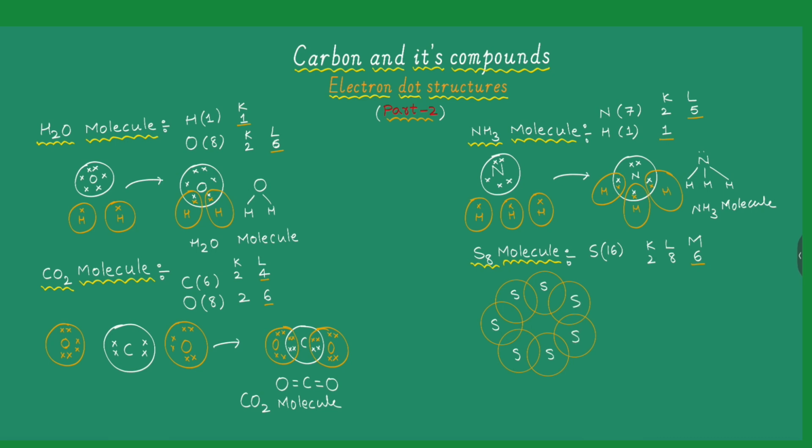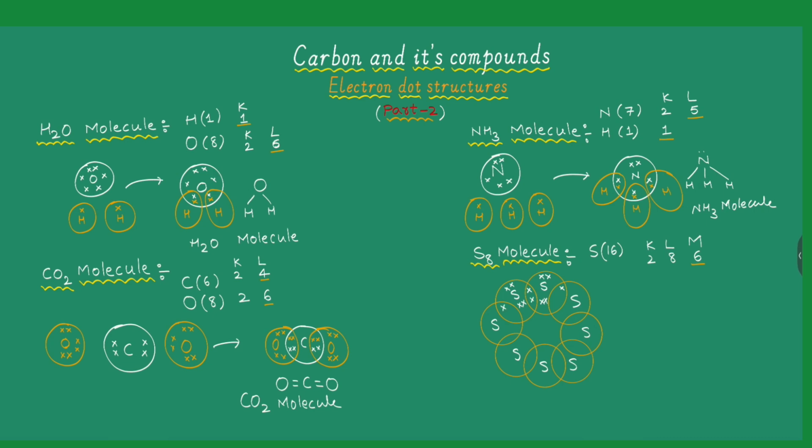Okay, one small change. I have drawn only 7. Let us draw one more. Yes. Now like this, there will be 8 sulfur atoms and each sulfur atom will have 6 valence electrons. How will the 6 electrons be there? 4 electrons will be out like this and 2 more electrons will be shared with 2 sulfur atoms. Now you can see there are 6. For the second sulfur also, we will have 6.